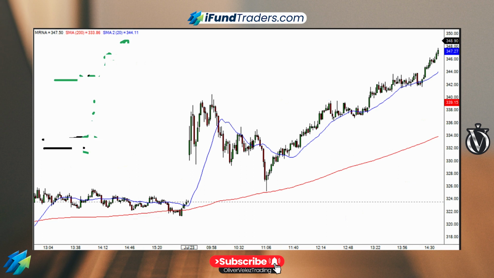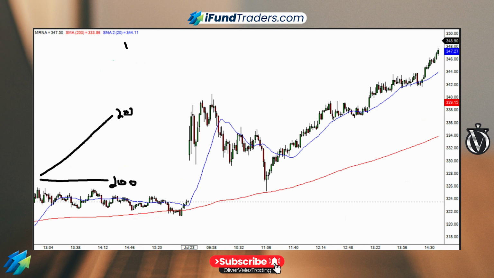However, if your stock gaps, here's the 20, here's the 200, and your stock opens here, that gap is born from a wide state.